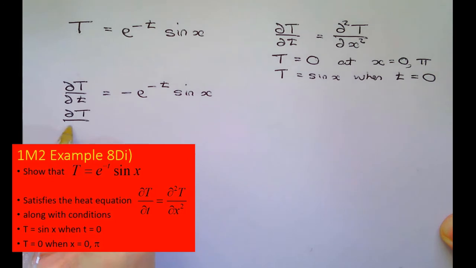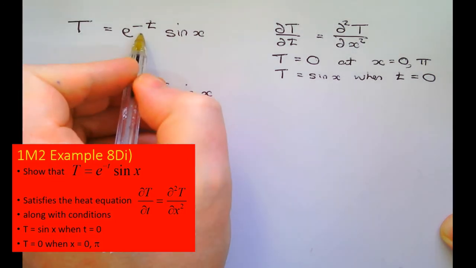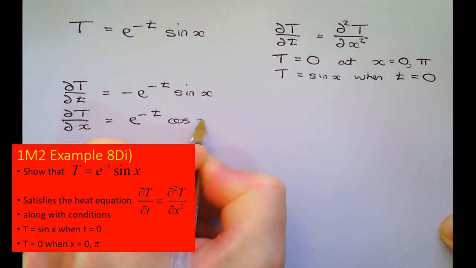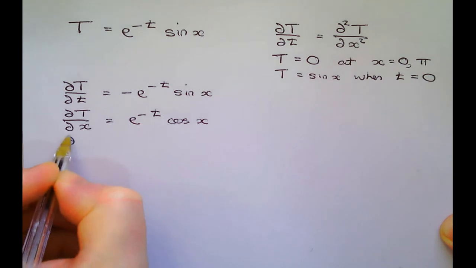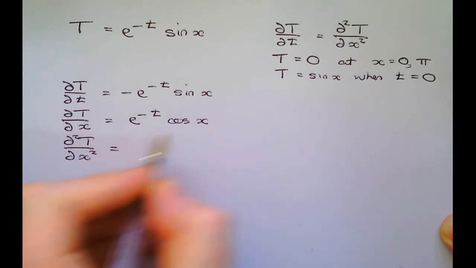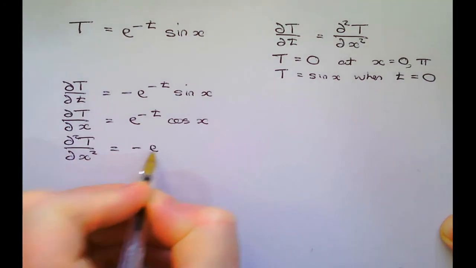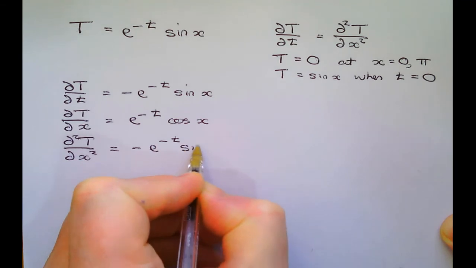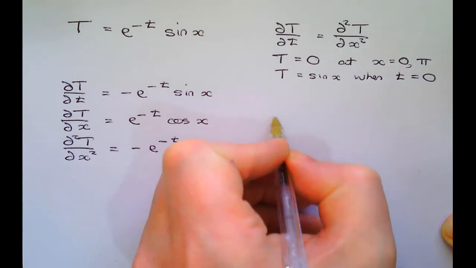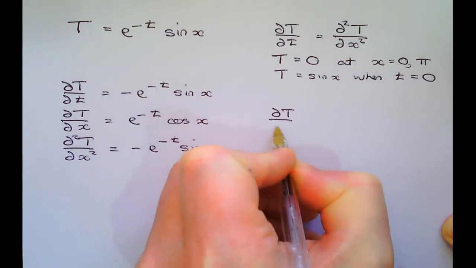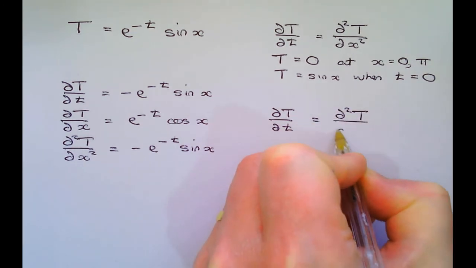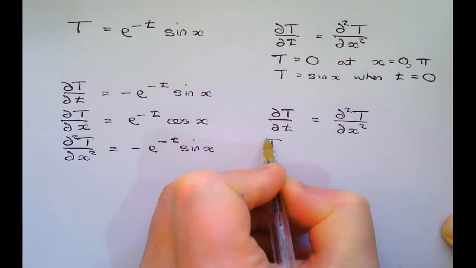So dT by dx, that will be e to the minus t times cos x, and then we differentiate again, d squared T by dx squared. Cos will differentiate to minus sine, so we get minus e to the minus t sine x. We compare the two here, and we note that dT by dt is equal to d squared T by dx squared. The equation is satisfied.